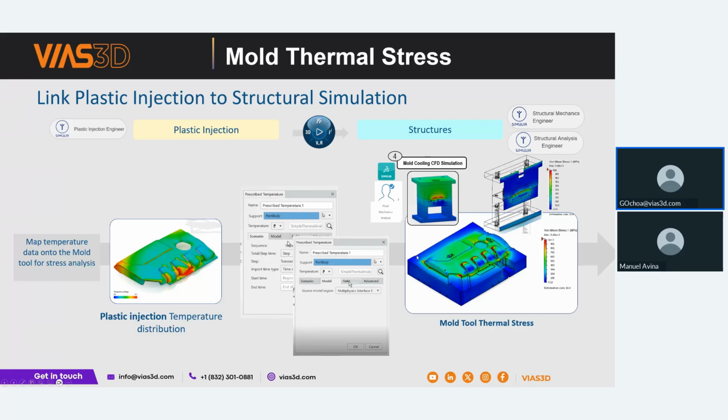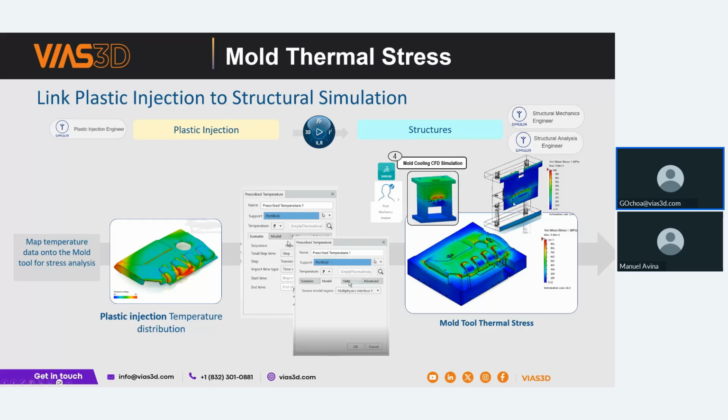And we can actually reuse the structural simulation results in a durability simulation. And this is helpful to get an estimate of the number of shots when we may need to perform some maintenance to the tool, right?